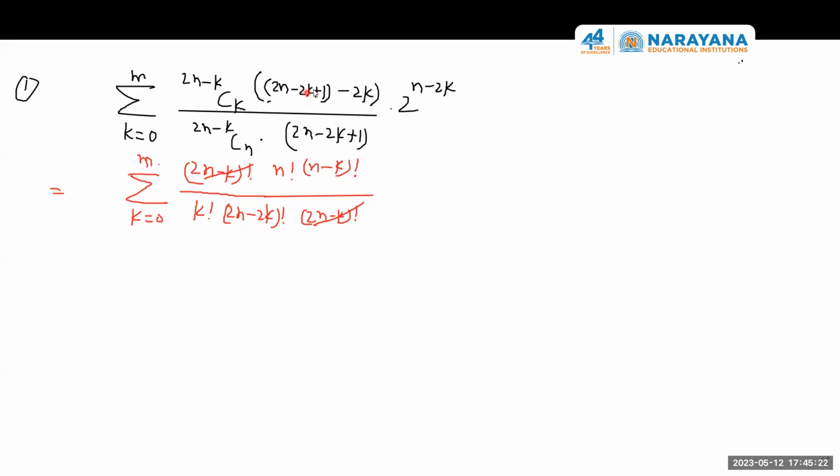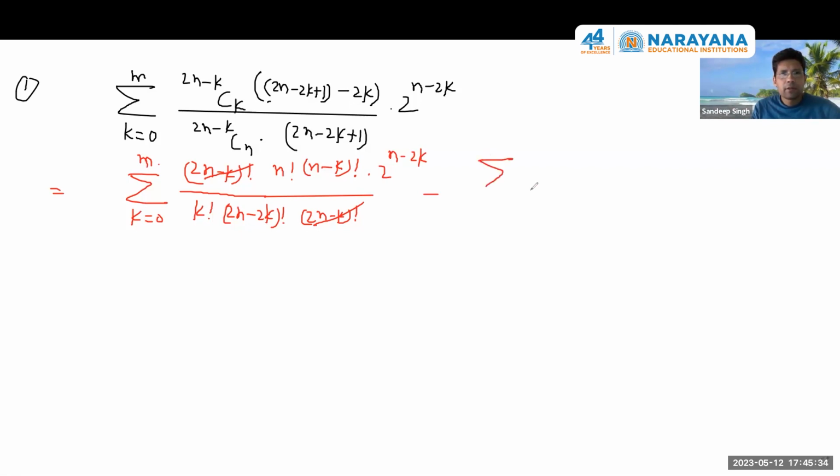Yes, sir. And first term, and in addition to this, there is 2 power n minus 2k. So first of all, let me keep it like this only. And minus, what do you want to express? Summation, or summation we can put together, minus the whole expression n factorial.